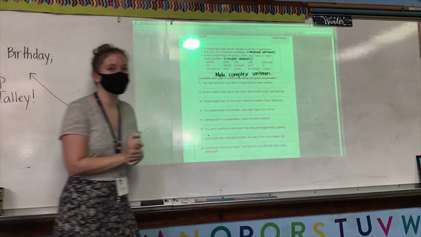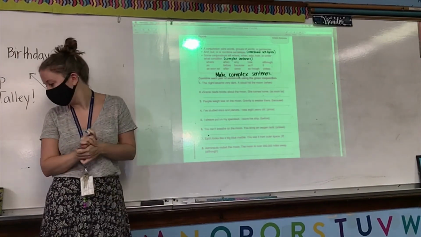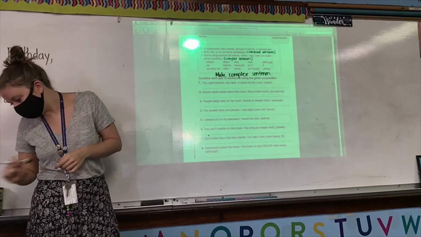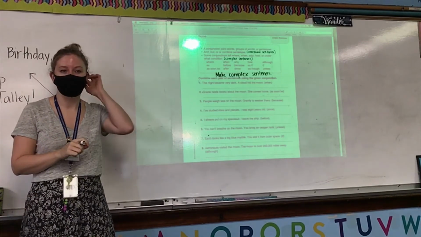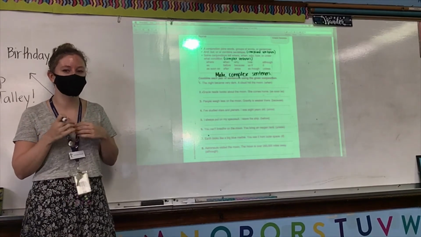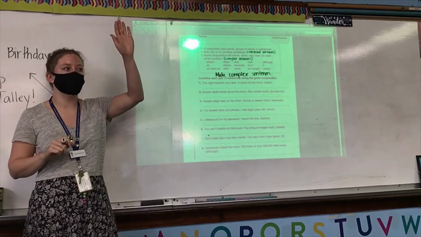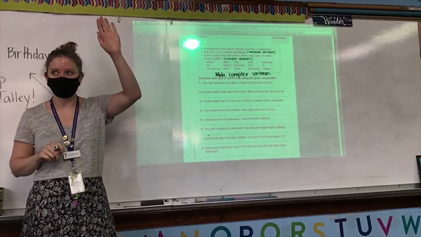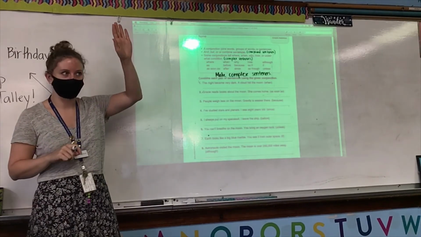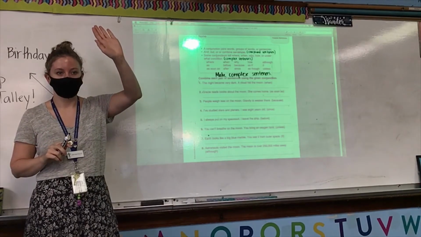Now, some of these we're going to flip-flop so that the dependent clause comes first. If the dependent clause comes first, what do we need between the clauses? A comma.